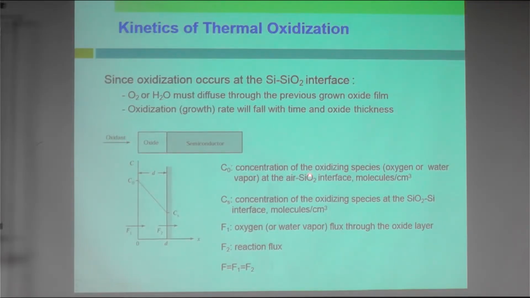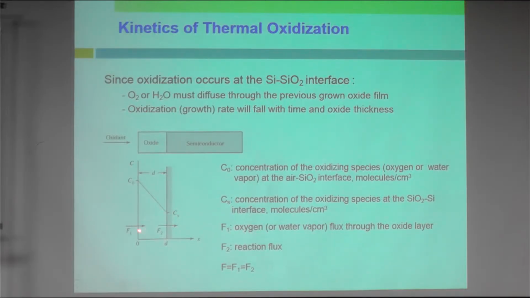The concentration of the oxidizing species, oxygen or water, at the air and silicon dioxide interface is C0 here. Then Cs is the concentration of the oxidizing species at the silicon dioxide and silicon interface. This is the beginning of the process.